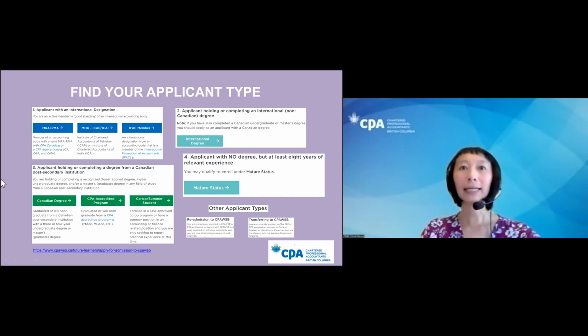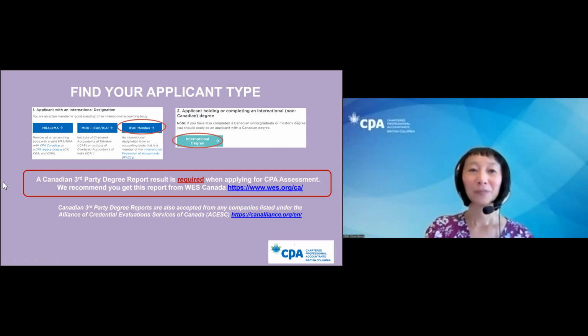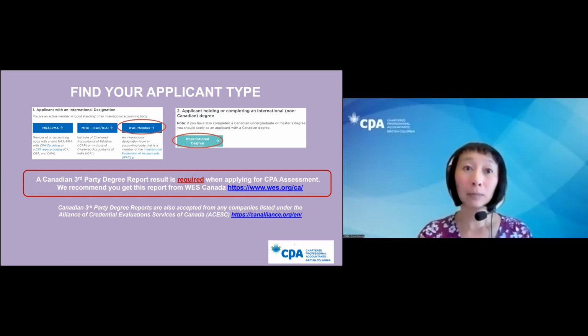Now, let's take a little bit of a closer look at these 5 applicant types. Under applicant type 1 and 2, this refers to persons that are internationally educated, whether they are holding an international designation or an international degree.